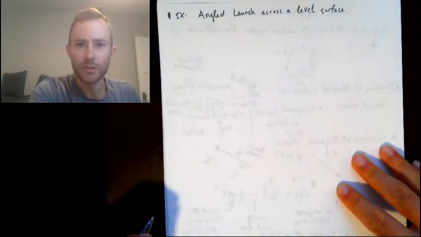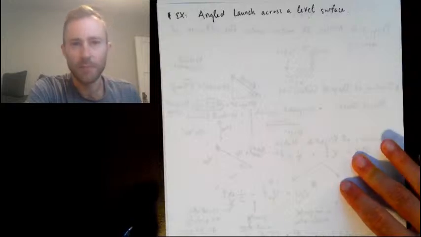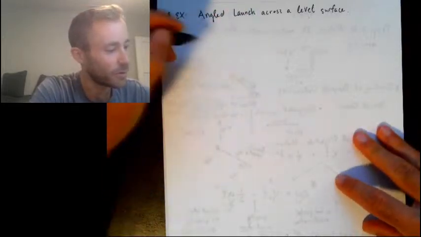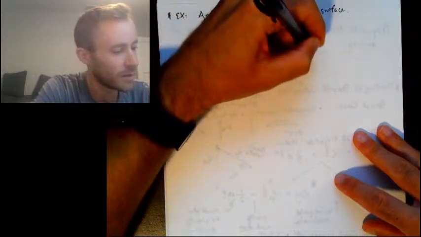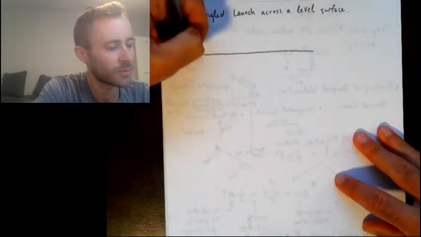Okay, so a good example of this is something like a military sniper. Ooh, this is going to be a scary problem. So we've got a military sniper. Here's the ground.